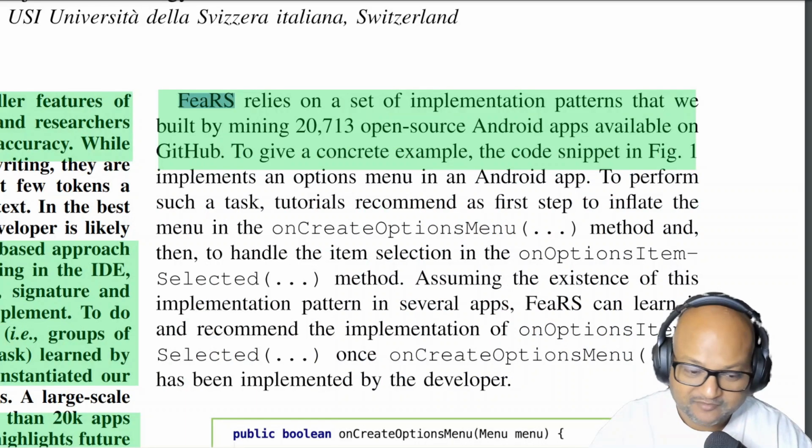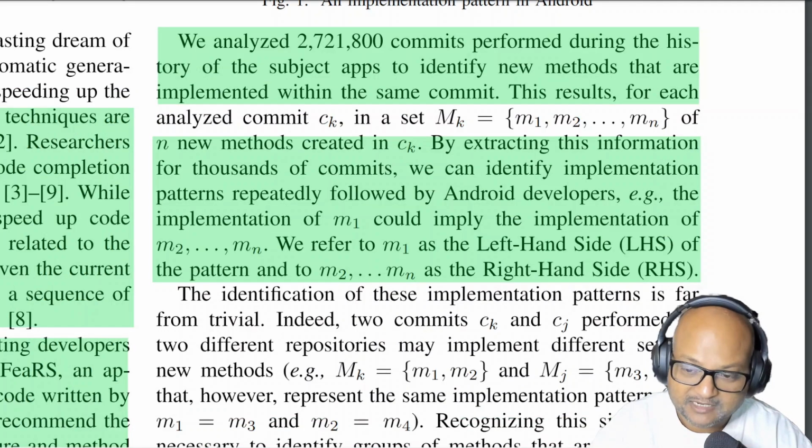The system they've built is called FEARS, and they haven't really specified what that acronym means anywhere in the paper, but we'll just call it that. What it does is look at implementation patterns from a large number of open source Android apps. They looked at about 20,000 Android apps. And from that vast data set, they've extracted sets of methods that usually go together.